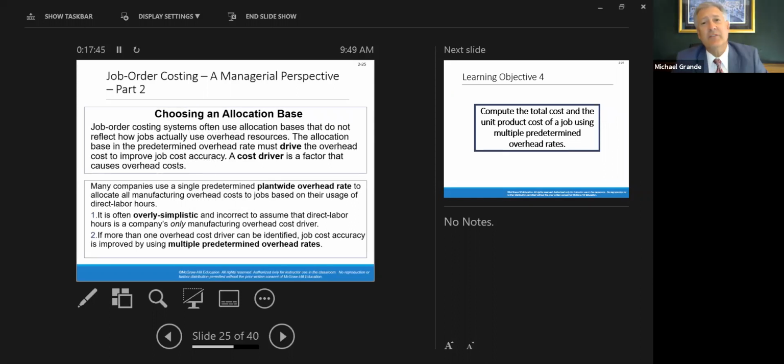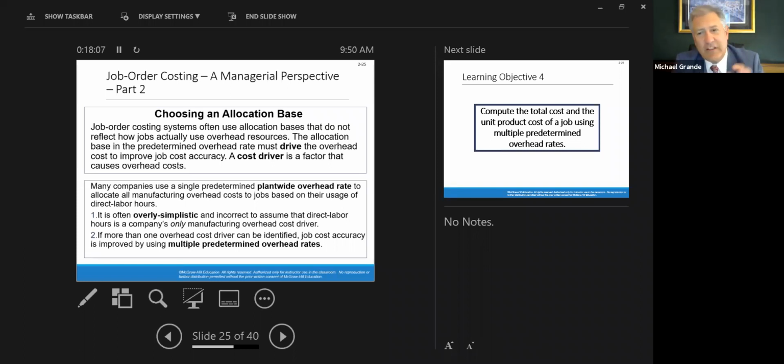Job order costing systems often use allocation bases that do not reflect how jobs actually use overhead resources. The allocation base in the predetermined overhead rate must drive the overhead cost to improve job cost accuracy. A cost driver is a factor that causes overhead costs.